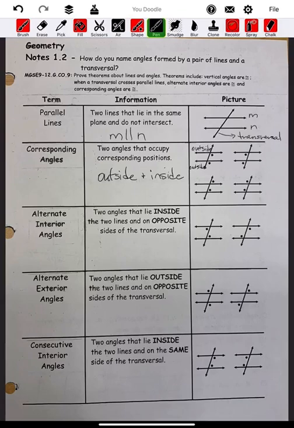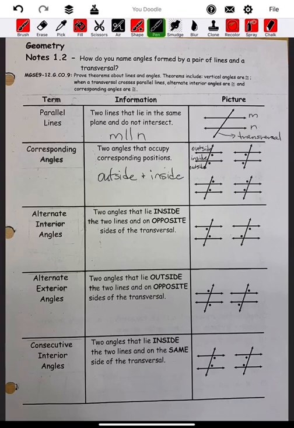And then in the middle, or inside. This is what we're going to be using a lot, whether or not they're inside the parallel lines or outside the parallel lines. Okay, so you can see the different dots. In the figure to the right, one dot is inside the parallel lines, one dot is outside the parallel lines, and so forth. You can keep looking at it and see the differences between inside and outside.